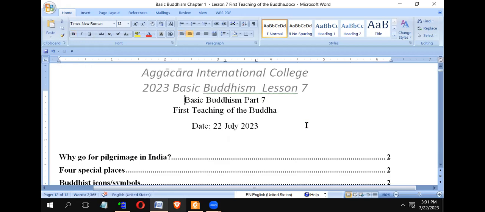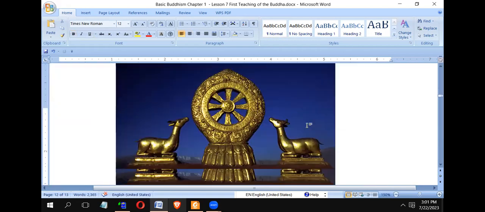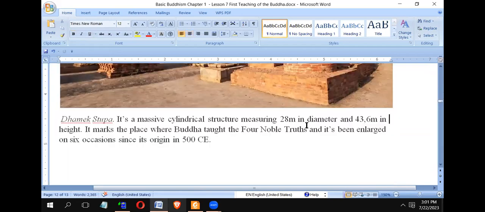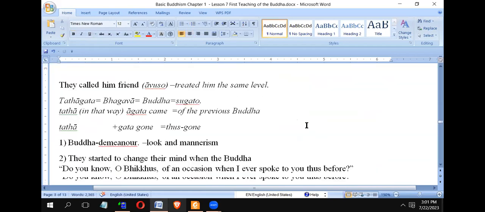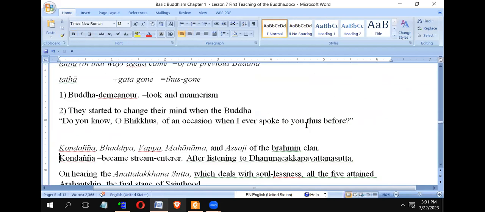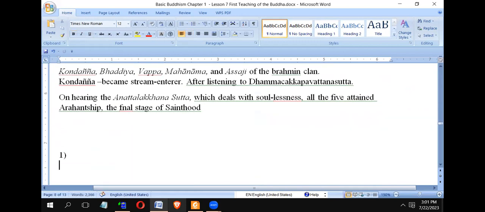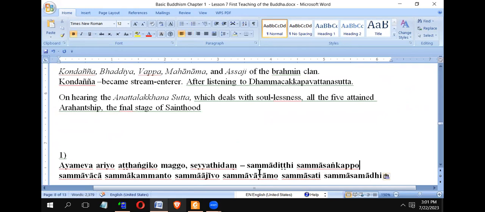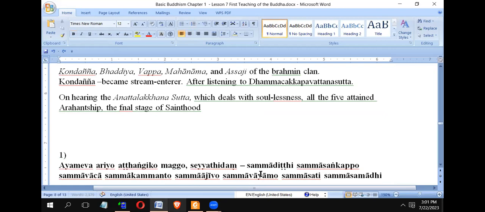Okay, so let me go to the part here. Now, I'm going to copy and paste whatever important points here. Okay, so we finish here, right? Now we're talking about the few terms that anybody needs to learn. The first one is the middle path.